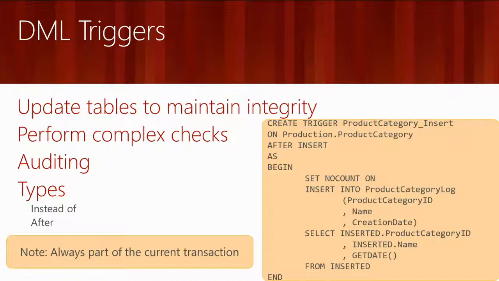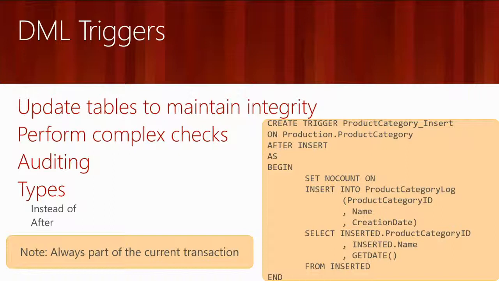Now remember that when you do an instead of, it's exactly like it sounds. The actual operation is not going to perform. It will come back to the user and say 2 rows updated, but it's not going to actually perform that particular operation.